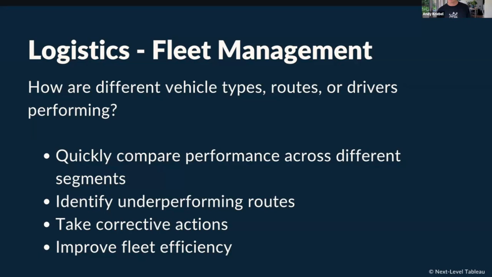And this is going to allow the fleet managers to quickly compare performance across different segments, identify underperforming vehicles or routes, and to take corrective action to improve the overall fleet efficiency, and possibly to address any drivers that are consistently late, or they're not delivering their entire product, perhaps something like that.